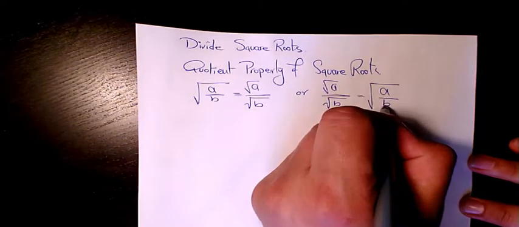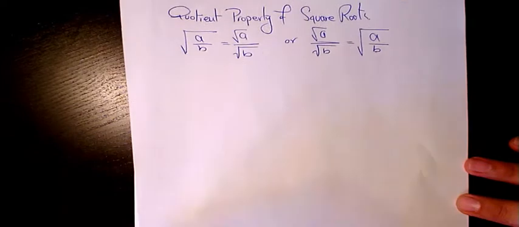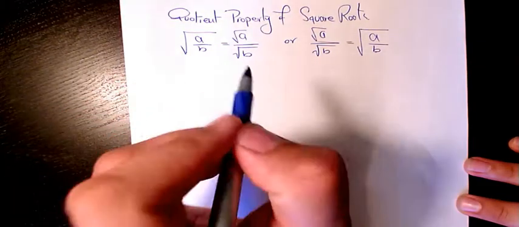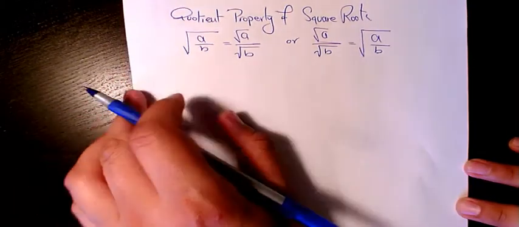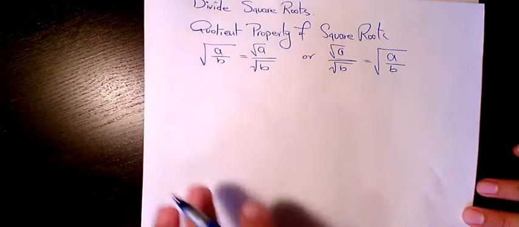So we can use this rule or this property to solve or simplify some of the square root expressions.